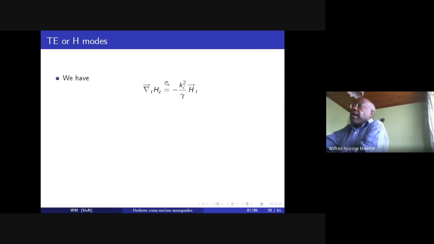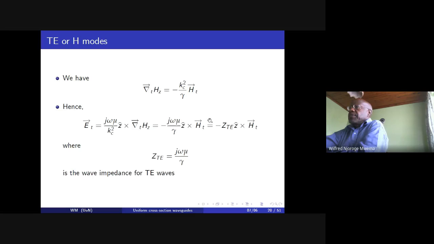And we have the gradient of H_z given by that equation there, and therefore we can get a value of E_t as j omega mu by k_c squared z cross the gradient of H_z, and we get a value of minus Z_TE z cross H_t, where Z_TE, the wave impedance for TE modes, is going to be given by j omega mu divided by gamma.